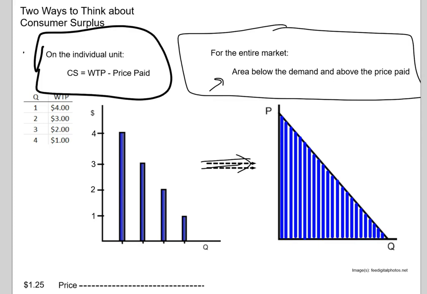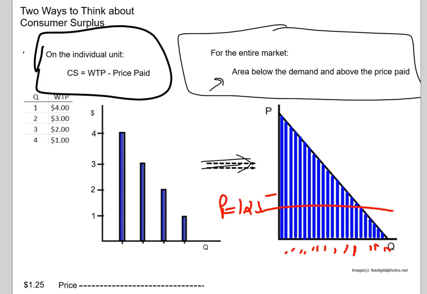So we can consider, what if we have a price of $1.25? If the price in the market is $1.25, then all of these consumers up to that point would find it rational to buy those products. All the consumers after that point are going to choose not to buy. For those consumers who actually purchase it, and this is a point that's in the background but is somewhat important, we only define consumer surplus on those units that are actually purchased.